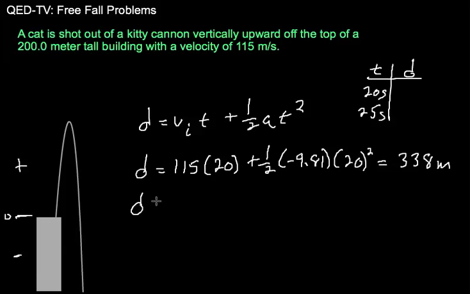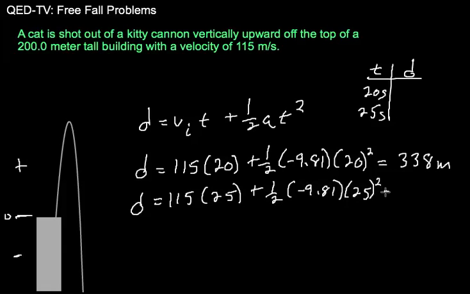So if I figure out that one, D equals 115 times 25 plus 1/2 times negative 9.81 times 25 squared equals, and if I put that all into the calculator, I get negative 191 meters. So what does that mean? That means I'm down here in negative territory. And if you remember, the building was only 200 meters tall. So we're at negative 191. So we're really almost down here to the bottom.